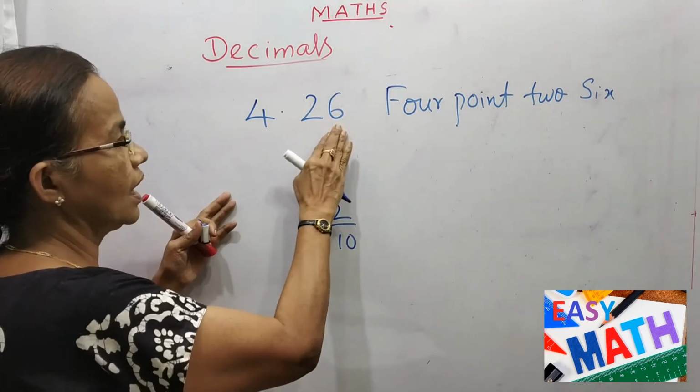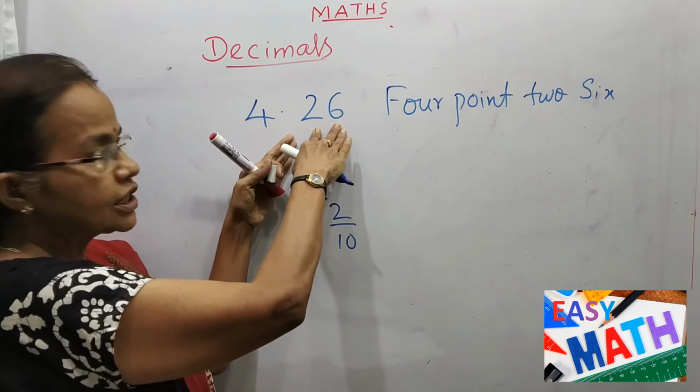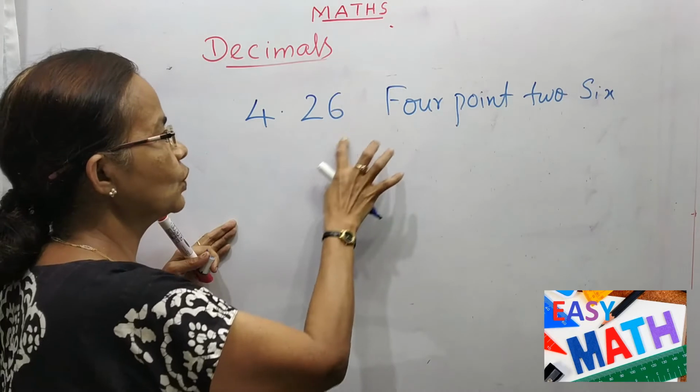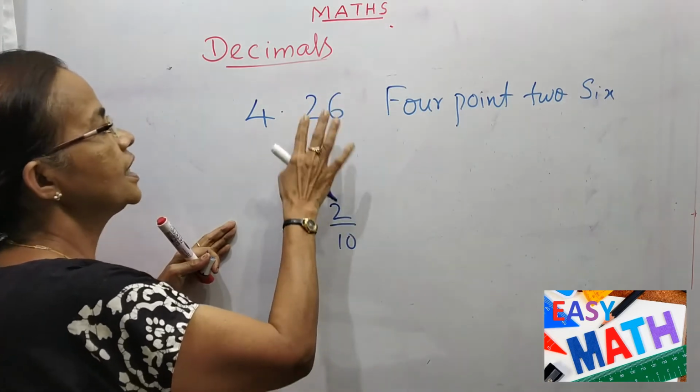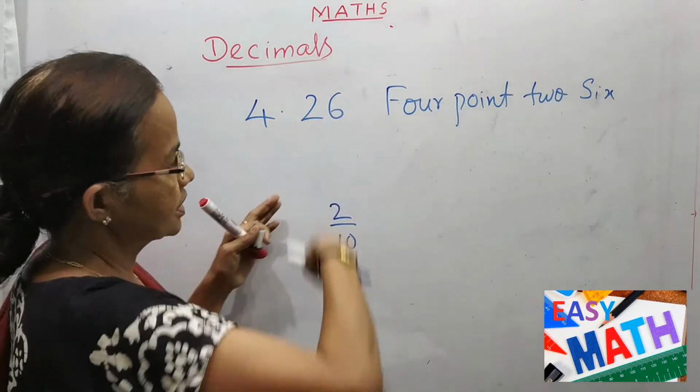But there is no whole there. This part is a proper fraction, 26 by 100. 26 by 100 is a proper fraction. 26 is the decimal part, that is a fractional part.